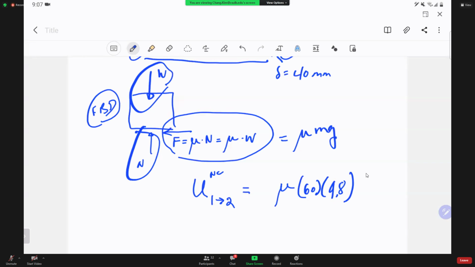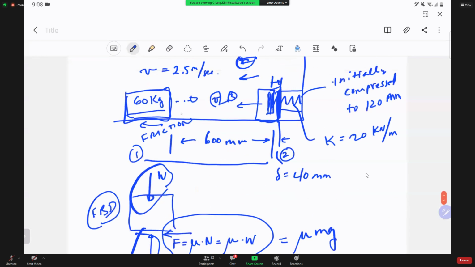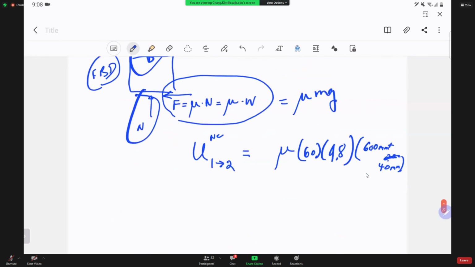And so this is going to be the friction. What is the distance? The 600 millimeters plus the 0.04, 40 millimeters. Okay, so this block traveled this much, and then an extra 40 millimeters in compression.